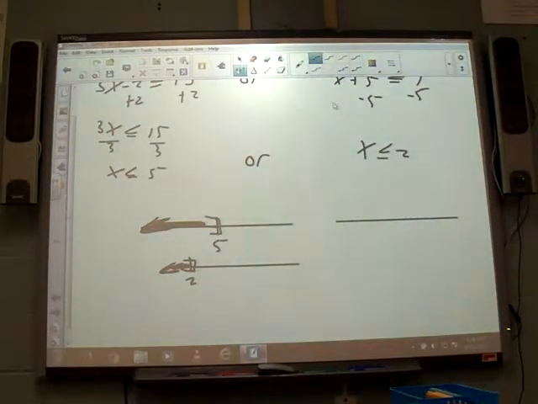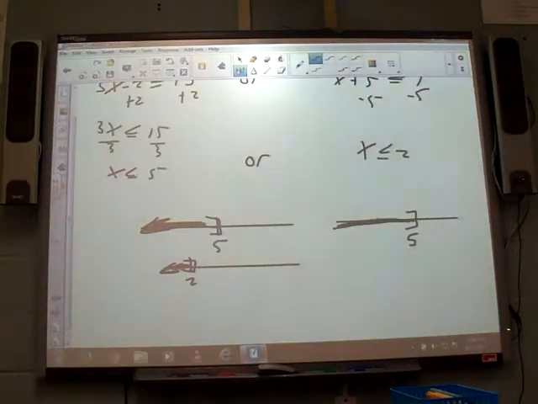So if I'm over here real close to this 5, I'm not in the bottom shade, but does that matter on an or? No, it does not. You can be in either one of them. So when it's an or, the connection we're going to make is to take the bigger information, like I said with the classrooms, I can be in either classroom. I've got more options, so I'm going to take the bigger, so it's going to be the 5. So we go from negative infinity to 5.